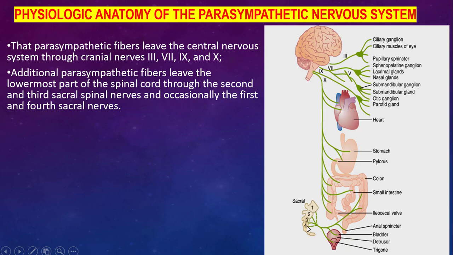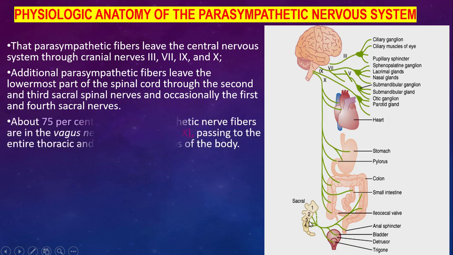You can see that the parasympathetic supply to the organs is by the third nerve, seventh nerve, 10th nerve, and from the sacral plexus second and third, and sometimes supply from the fourth sacral nerve also occurs.